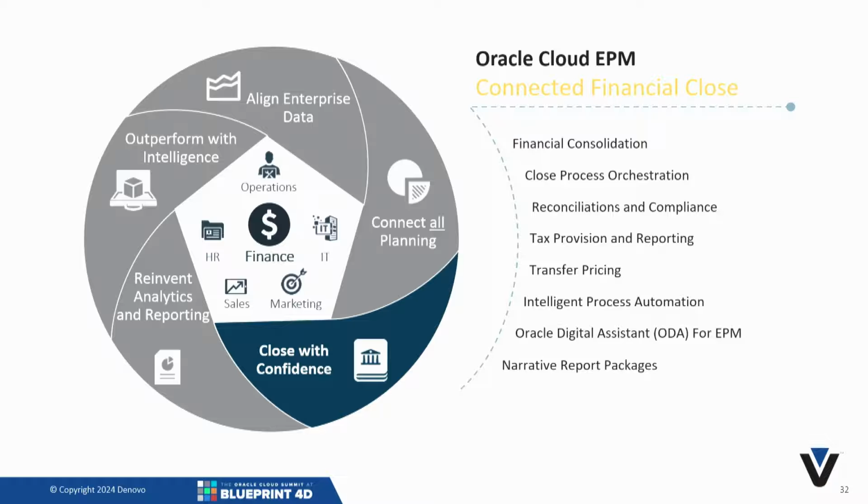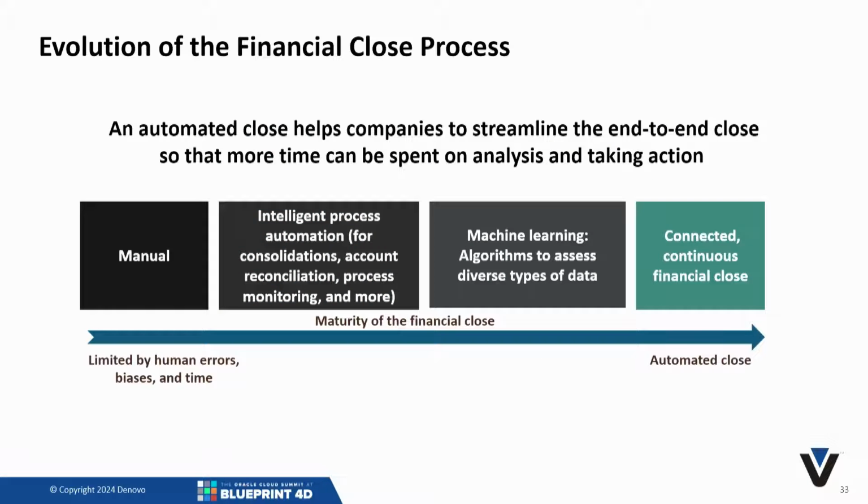This is financial close. This is very different from what it was 10 or 15 years ago from a process perspective. The main thing we see is that people today are just using the functionality within an ERP to help those steps along.